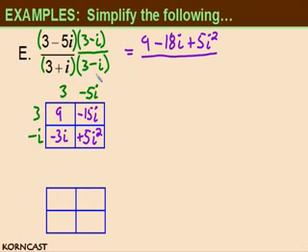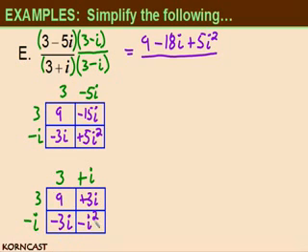Now to multiply the two complex numbers in the denominator. So 3 plus i times 3 minus i. 3 times 3 is 9. 3 times i is a positive 3i. Negative i times 3 is a negative 3i. And negative i times i is negative i squared.